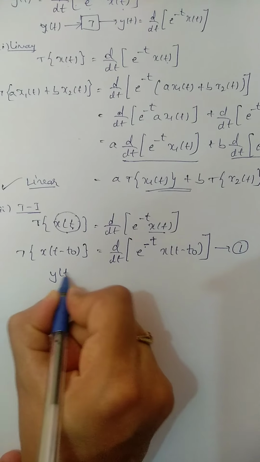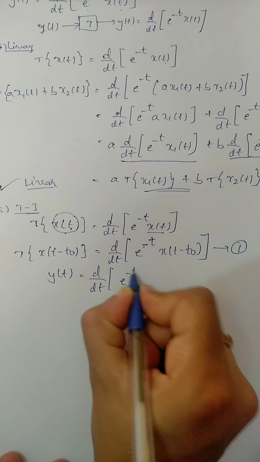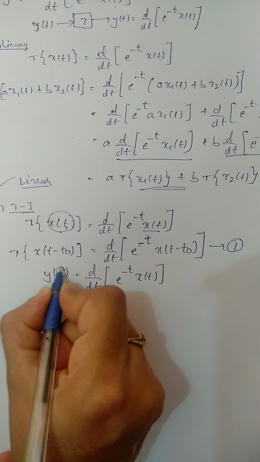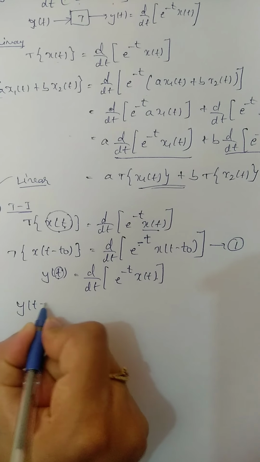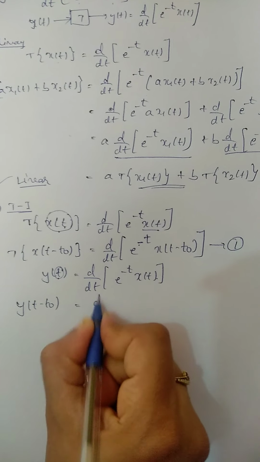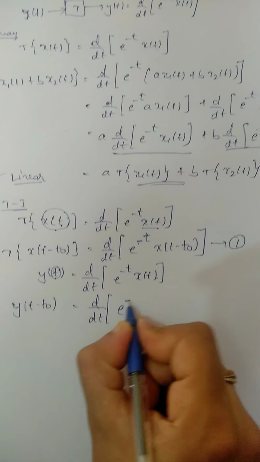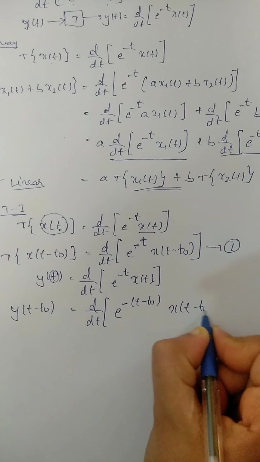But if we consider y(t) = d/dt of e^(-t) x(t), in this equation wherever we have t, replace it by t - t0. So y(t - t0) is equal to d/dt of e^(-(t - t0)) x(t - t0).